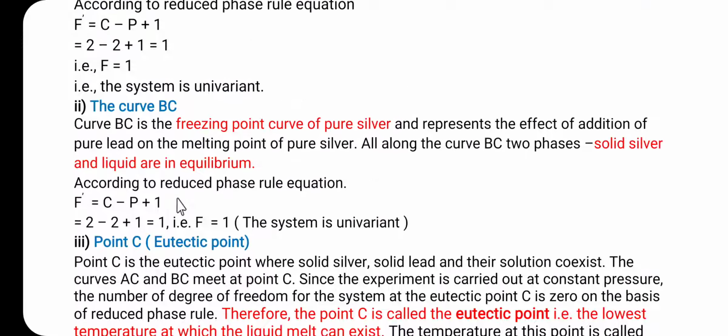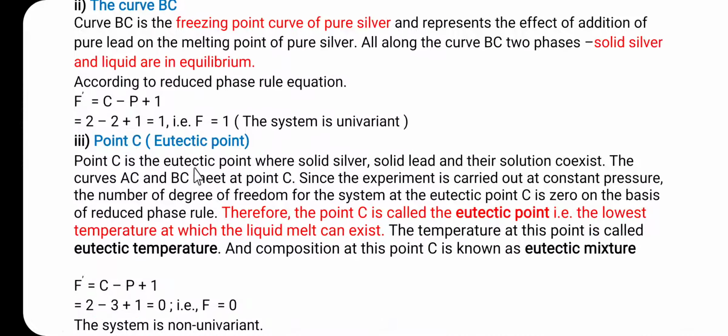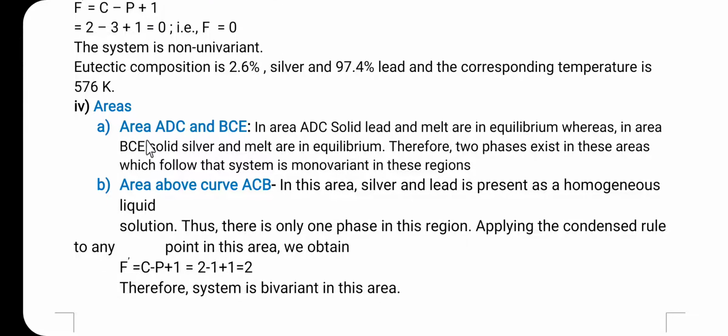So there are two curves, the curve AC and the curve BC, and the eutectic point C. Then let us consider the areas, ADC and BCE. In the area ADC, solid lead and melt are in equilibrium, whereas in the area BCE, solid silver and melt are in equilibrium.